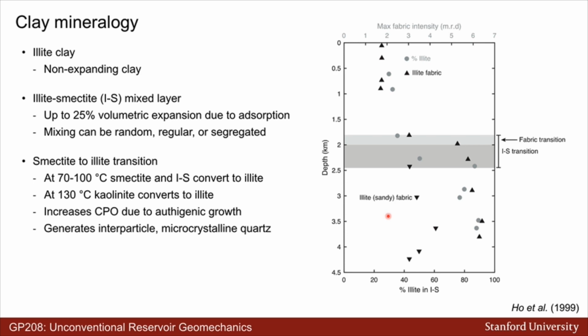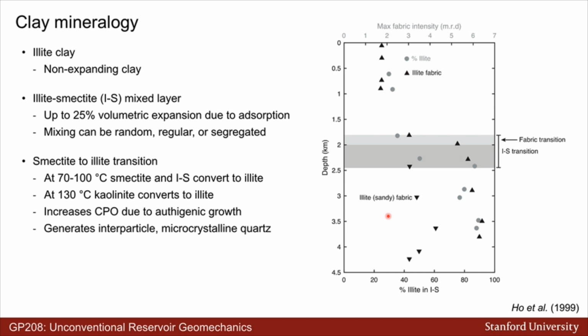And this mixing can either be random, it can be regular, or it can be segregated, where there are in fact different blocks of pure illite and pure smectite clays. But this interlayer, because of the presence of smectite and because of its different interlayer structure, whether random, regular, or segregated, can actually expand up to 25% in volume due to adsorption of fluids or gases. So this is an important quality to consider when looking at the clay mineralogy of any reservoir rock.